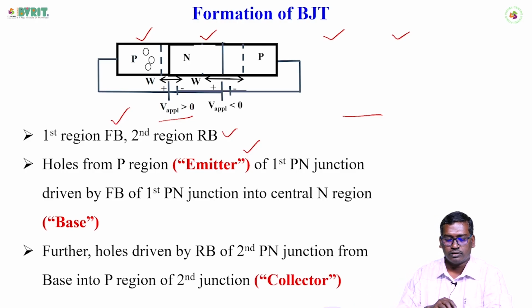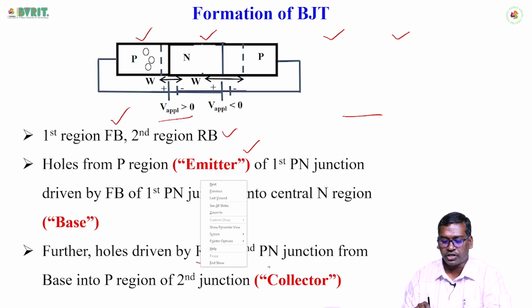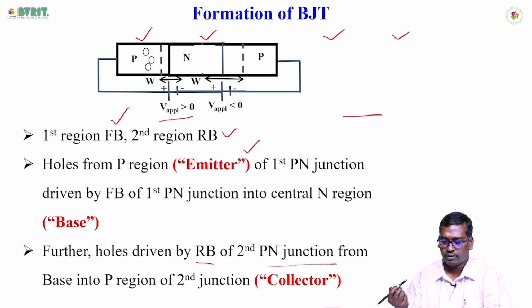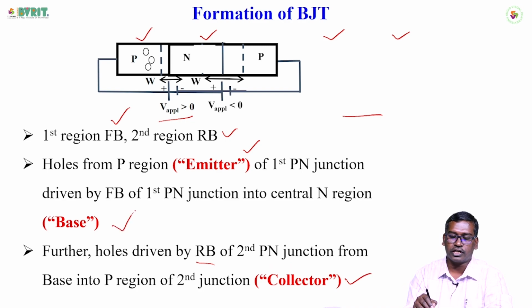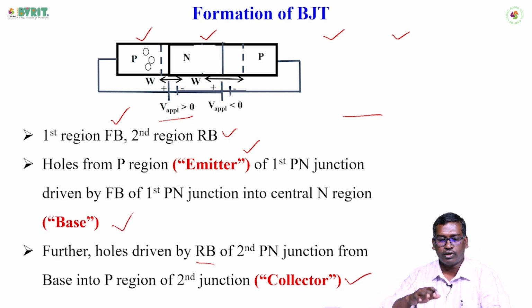Further, holes are driven by the reverse bias of the second PN junction from the base region into the P region of the second junction, called the collector. Simply, the emitter will emit, the base will pass, the collector will collect. This is the simple understanding of these three terminals: emit, pass and collect.